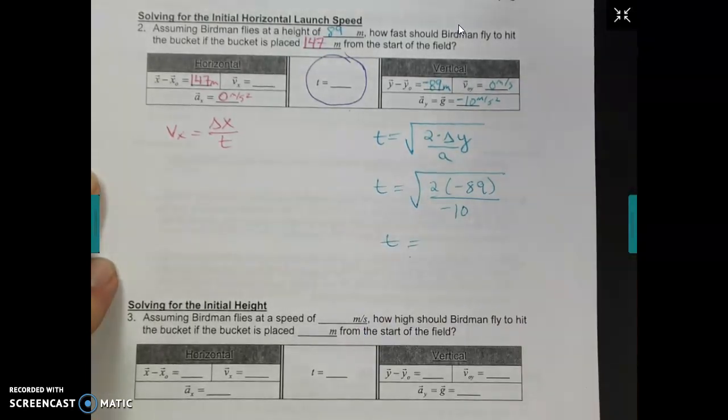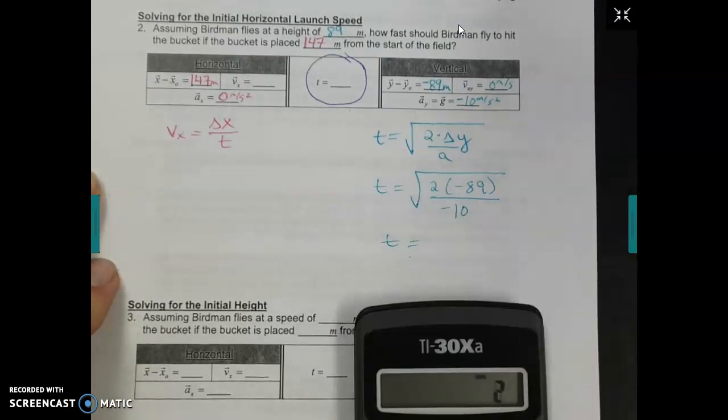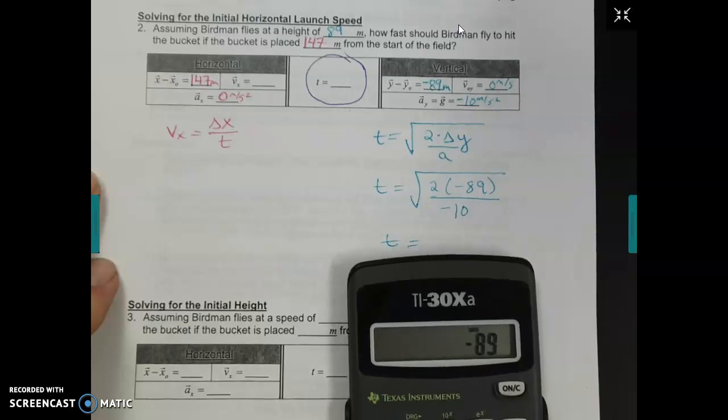And so this time comes out to 4.22 seconds.